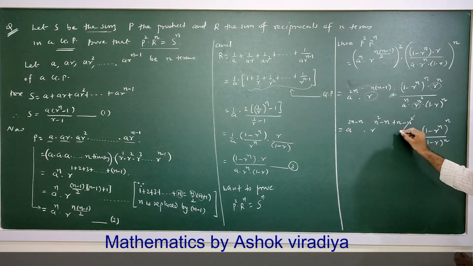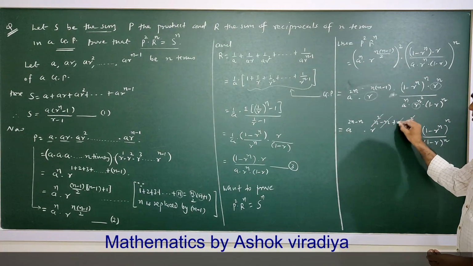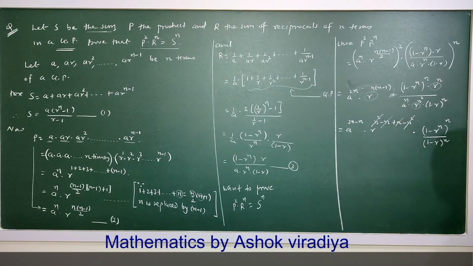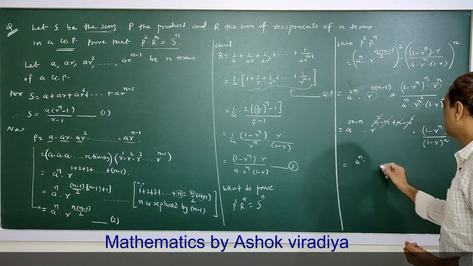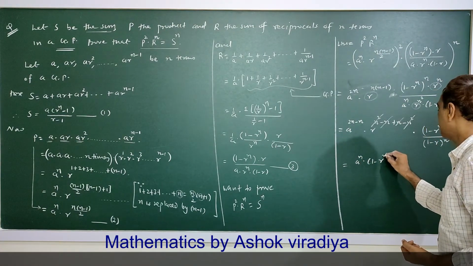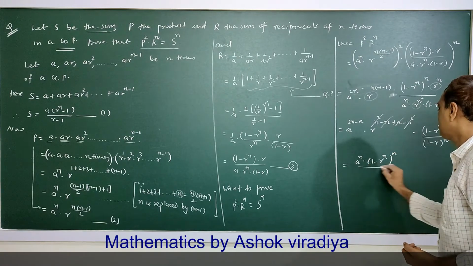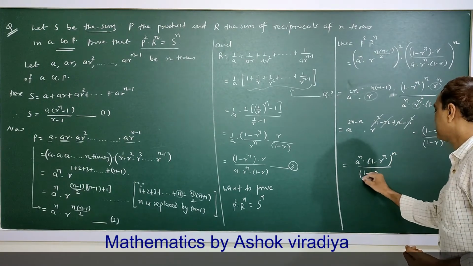So you can see that this is cancelled. So it is r raised to 0, so 1. So a raised to n into (1 minus r raised to n) whole raised to n upon (1 minus r raised to n).